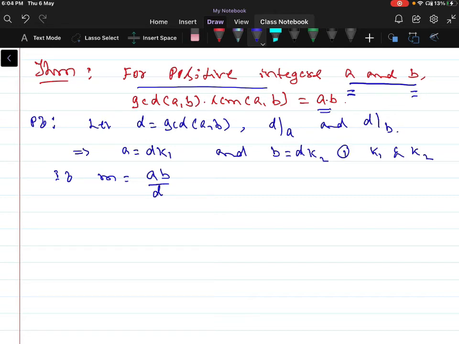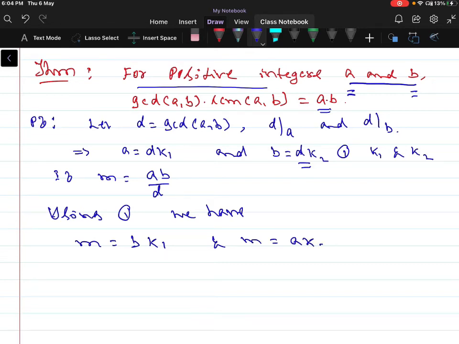Now using 1, we have M is equal to, if we take A is equal to D into K1, so D gets cancelled, that can be written as B into K1. If we take B is equal to D into K2, then M can be written as A into K2.